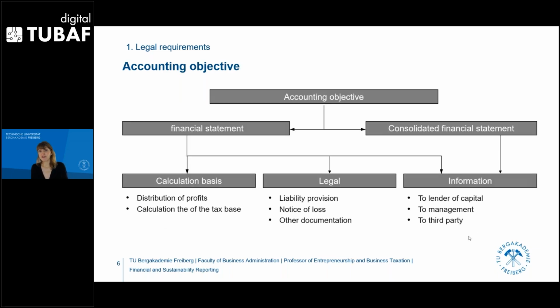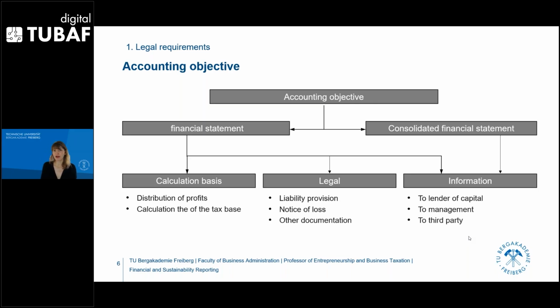And then we differentiate between financial statements of an entity and the consolidated financial statements of groups, which are formed of more than one company. So the financial statement of an entity is used to calculate the profits which can be shared with the shareholders, and it also forms the basis for taxation.